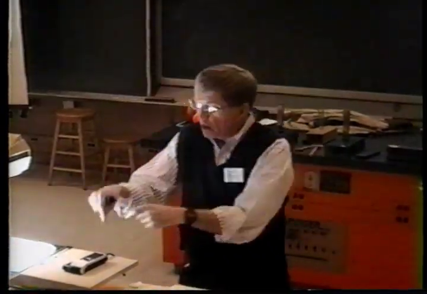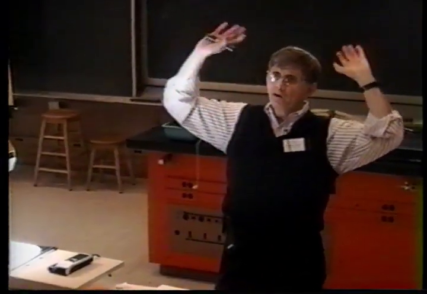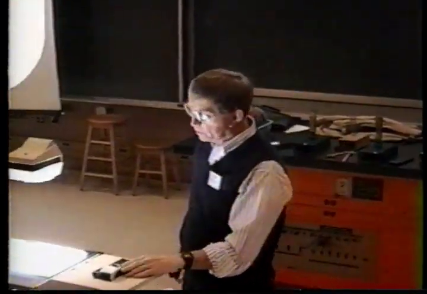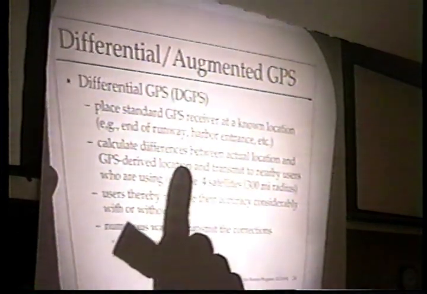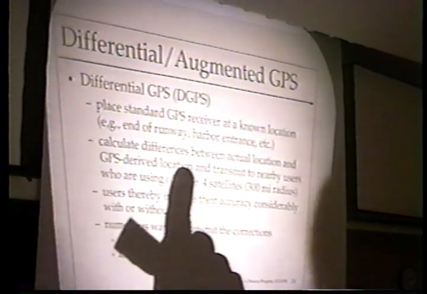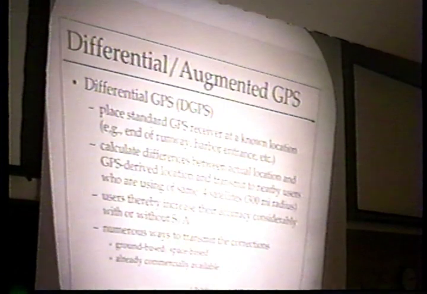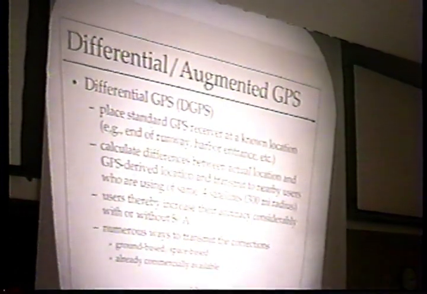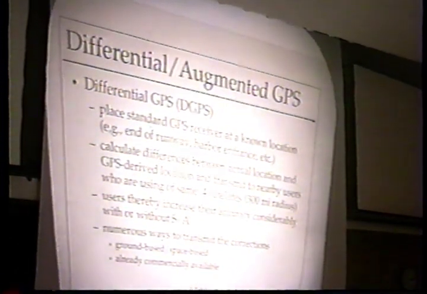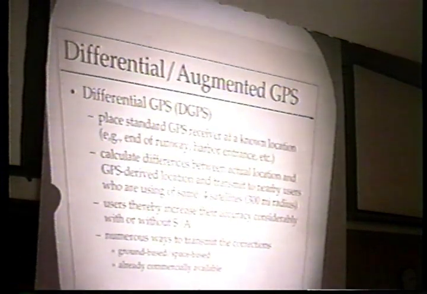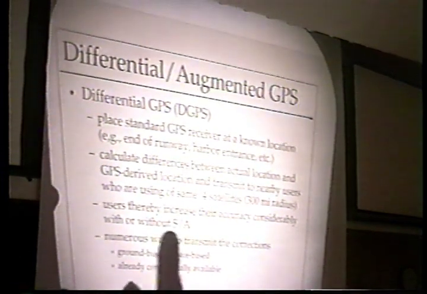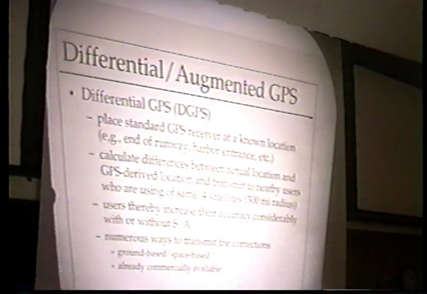So I tell you how much it's wrong, and that includes the error that the selective availability is deliberately putting in. You can use that to correct the information in your receiver, provided you're using the same 4 satellites. That's the differential technique. So you get around that error by basically subtracting it out, and that doesn't matter whether the SA is on or off.